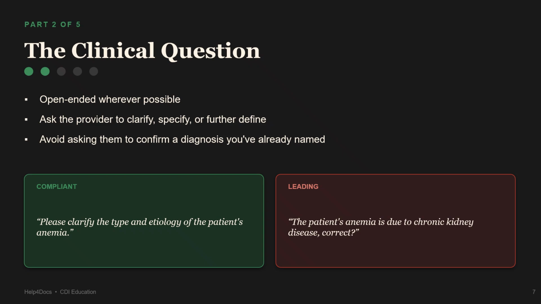So compare these two. Number one: please clarify the type and etiology of the patient's anemia. Number two: the patient's anemia is due to chronic kidney disease, correct? Okay, so I don't know if I said that very well, but I just want you to compare these two.